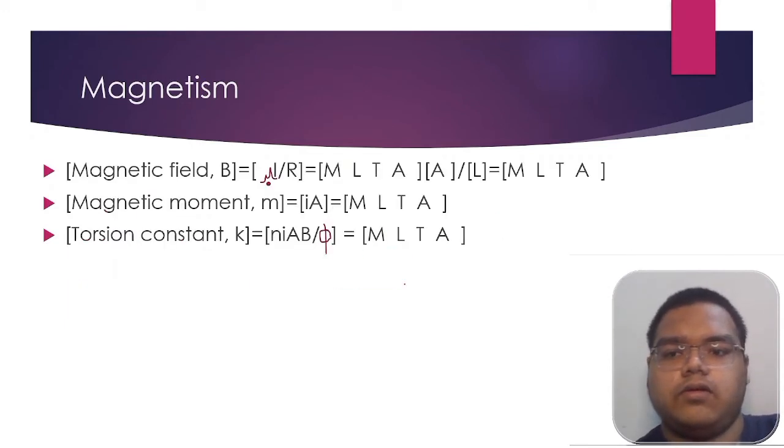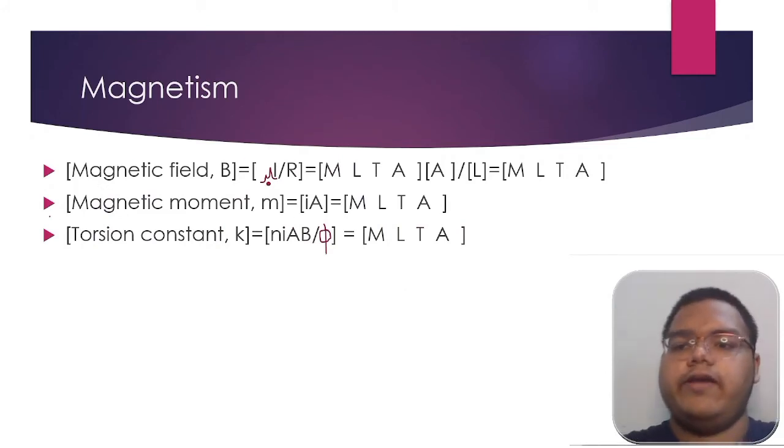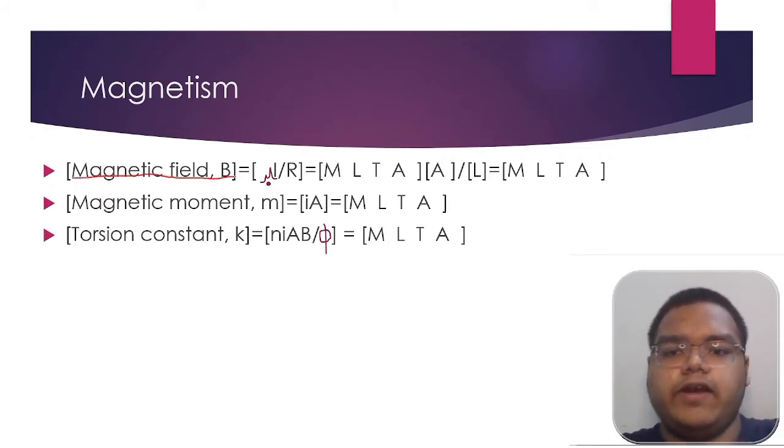Next, magnetic field B. The dimension of magnetic field is mu naught I upon R, which will be equal to M to the power 1 L to the power 1 T to the power minus 2 A to the power minus 2 into A to the power 1 divided by L to the power 1, which will be equal to M to the power 1 L to the power 0 T to the power minus 2 and A to the power minus 1.